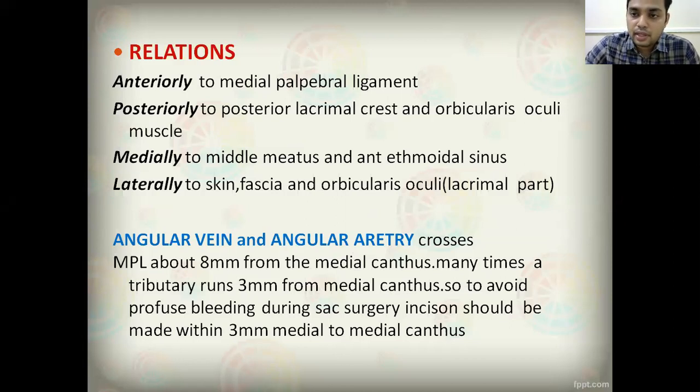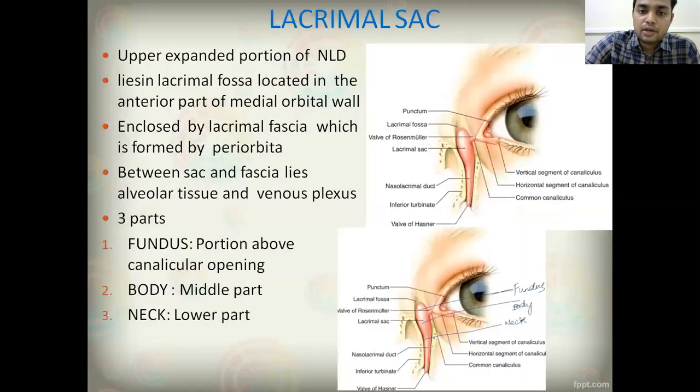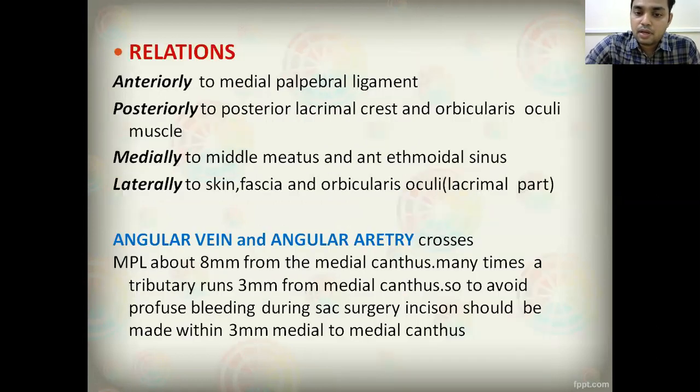So while doing lacrimal sac surgery, in order to prevent profuse bleeding due to rupture of this angular vein, we have to give the incision within 3 mm from the medial canthus. We should not take the risk.